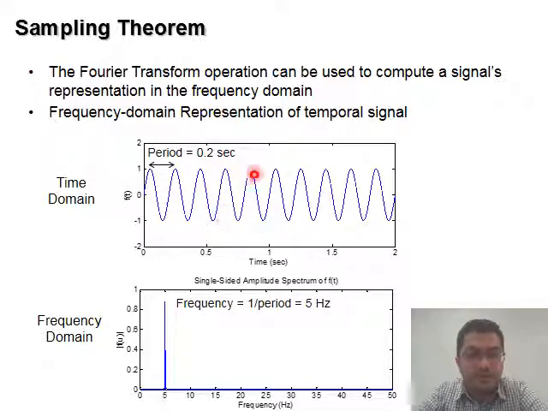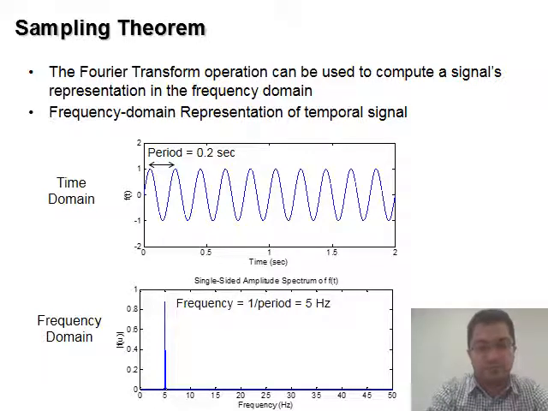Now, what if instead of a sine wave like this one, we have a sine wave that has a period of 0.2, in addition to it another sine wave that has a period of, let's say, 0.1. Okay, so let me write this down. If you have a period of 0.2, meaning a frequency of 5 Hertz, then the sine wave is sine of 2 pi ft.